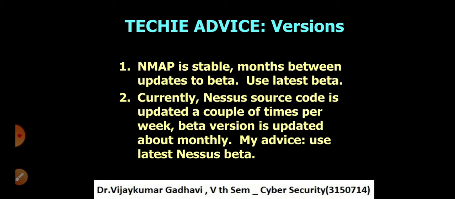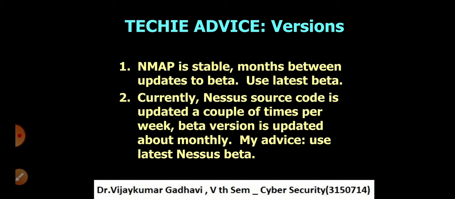Then the technical advice versions: what kind of advice is given? The first one is that the Nmap tool is stable. The months between updates go to beta, so use the latest beta version. Currently, the Nessus source code is updated a couple of times per week, and the beta version is updated about monthly.